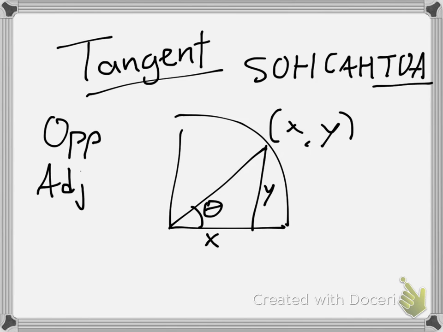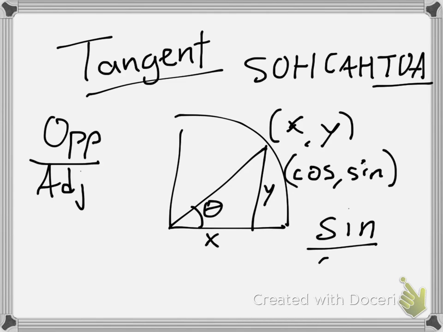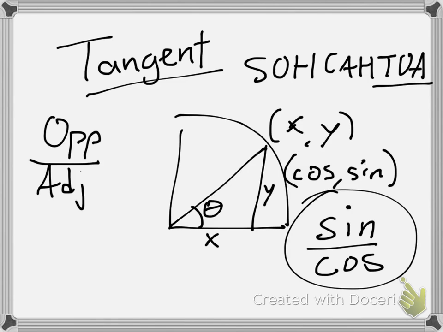Well, we know that x is our cosine value, and y is our sine value. So then, because y is opposite of theta and x is adjacent to theta, and tangent is opposite over adjacent, then we have tangent is equal to sine over cosine. So make sure we know that this is tangent.